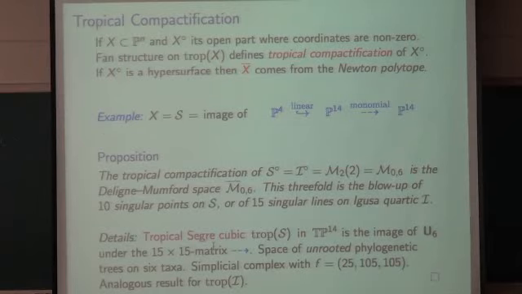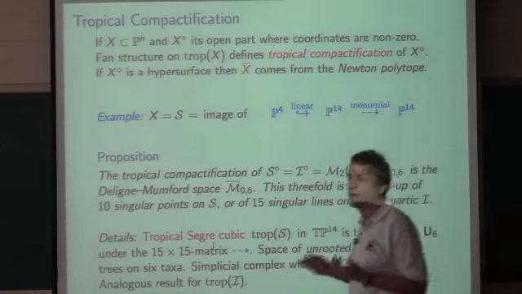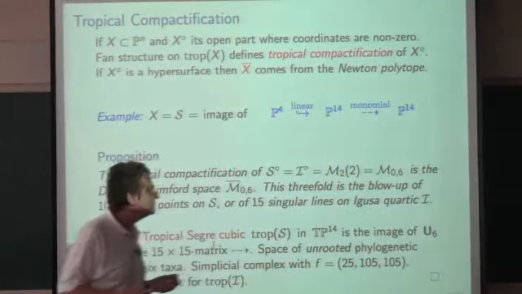That turns out to be compact, and that's called the tropical compactification. So for example, in the very special case when the given variety is a hypersurface, then the tropical compactification is what's sometimes called the compactification from the Newton polytope. But tropical geometry really is the theory and practice that makes Newton polytopes obsolete. That's why we're doing tropical geometry.